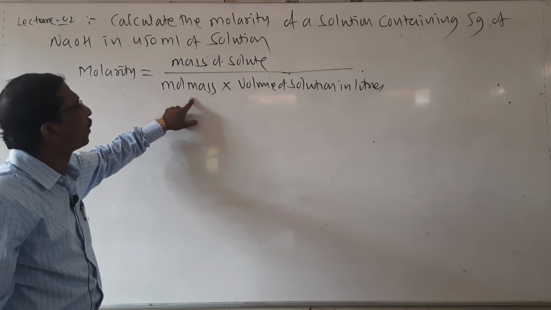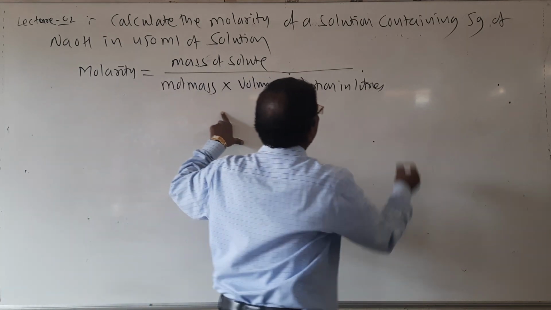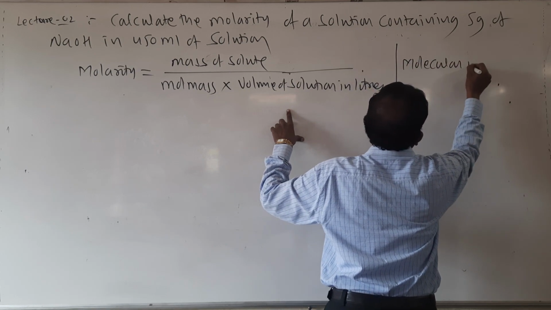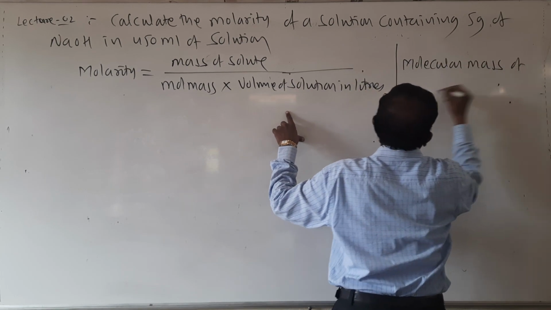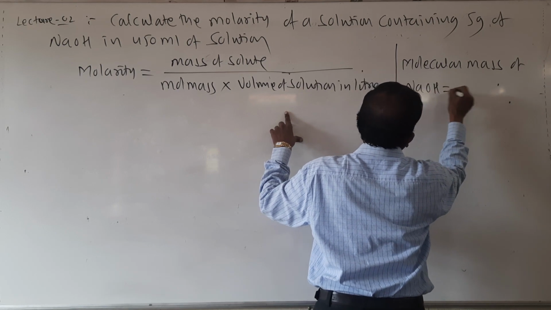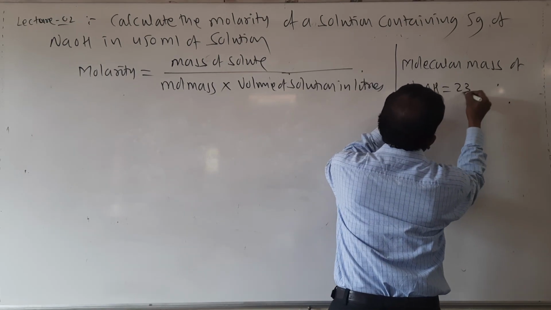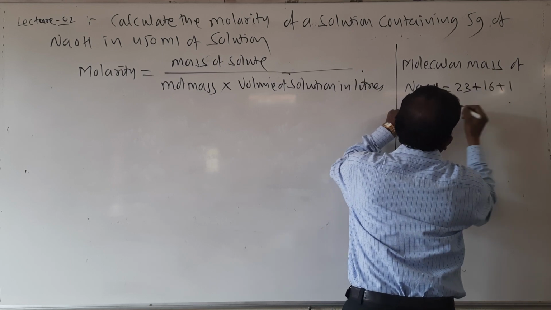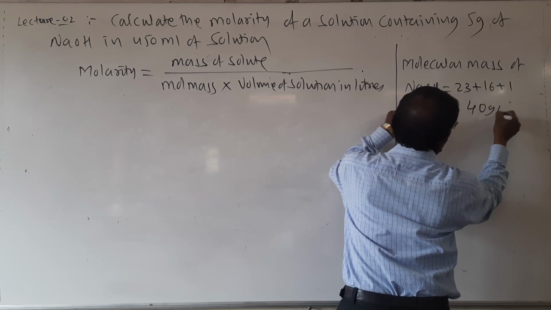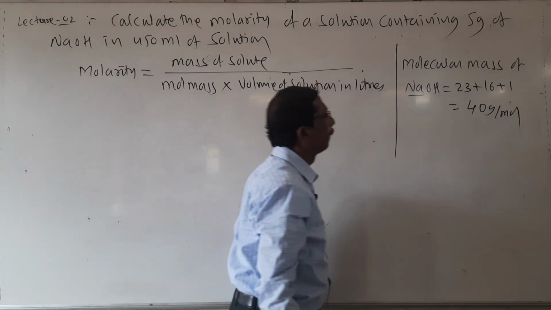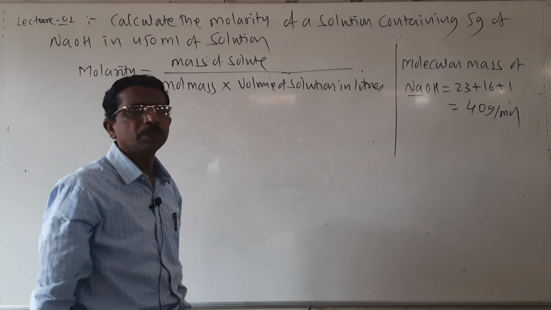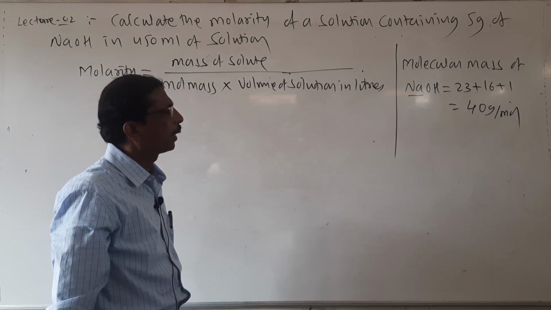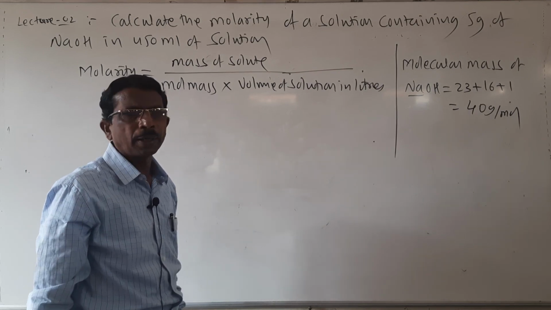What is the molecular mass of NaOH? Na is 23 plus 16 plus 1 is equal to 40. 23 Na and then 16, so it is 39, then 1, that is 40 gram.